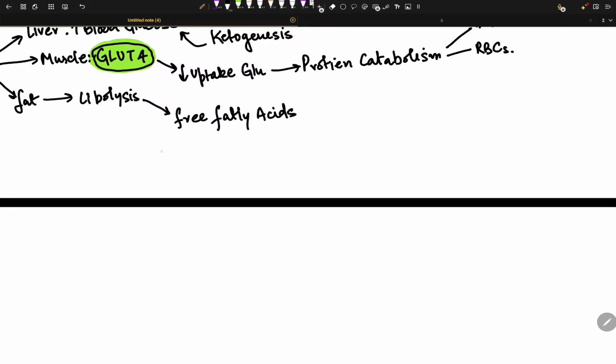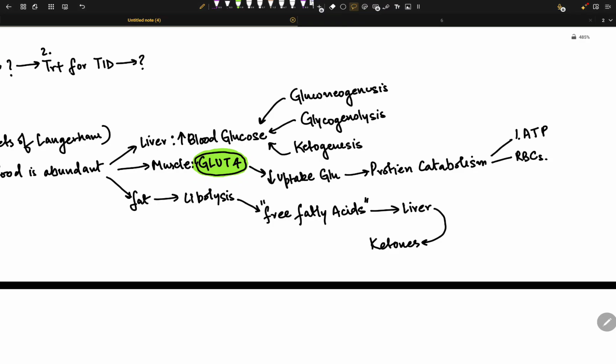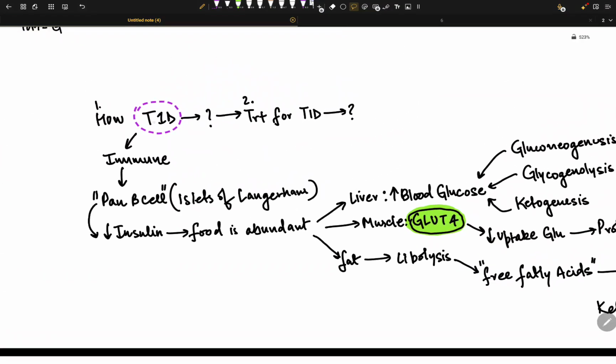Then these free fatty acid chains can go to the liver, and the liver can convert them into ketones. So that's going to happen. This is how type 1 diabetes works, exactly.